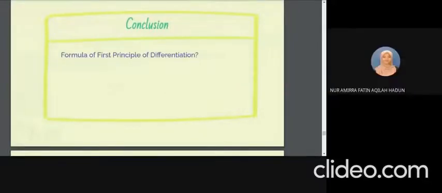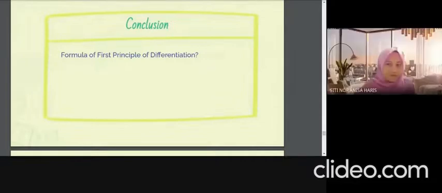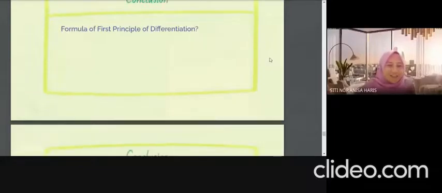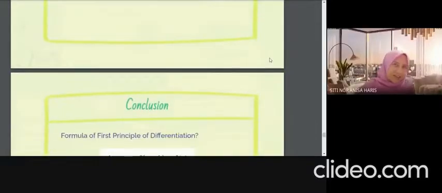The formula of first principle of differentiation is we find dy/dx, which is the limit as h approaches 0 of f(x plus h) minus f(x) over h. Okay, good. Five stars for you, Amira.